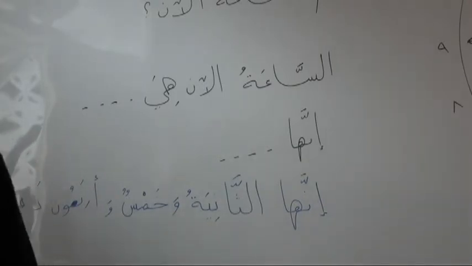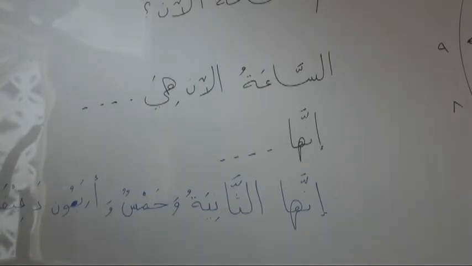We said that دقائق we use only from 3 to 10. After this we say دقيقة. So again Yusuf, إنها الثالثة إلا خمسة عشر دقائق. We said that دقائق is دقيقة.